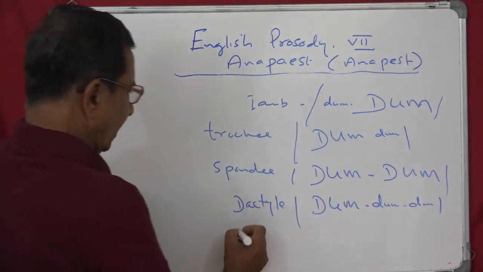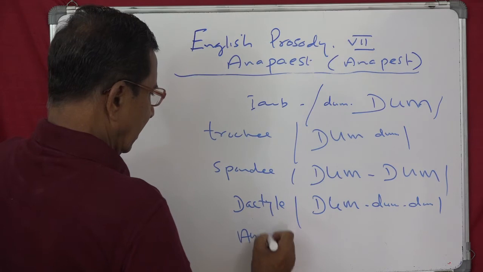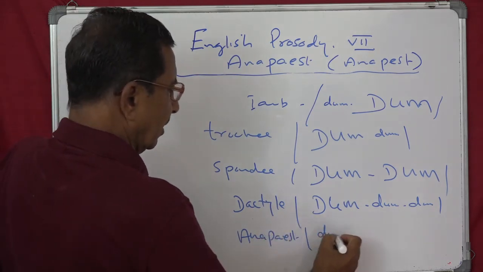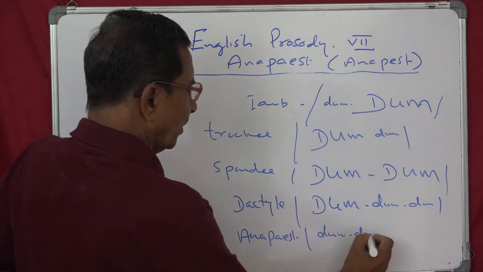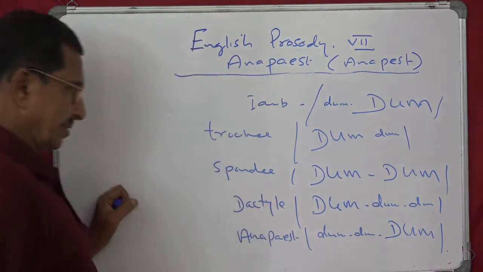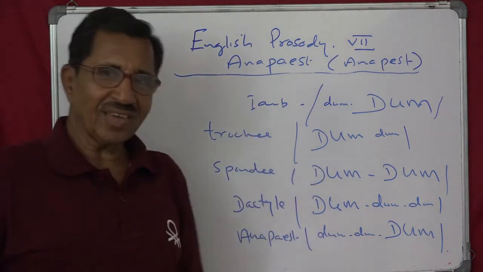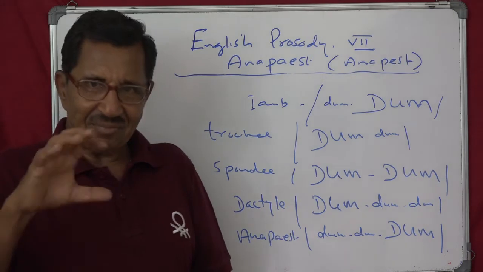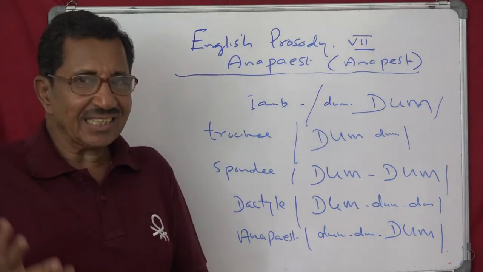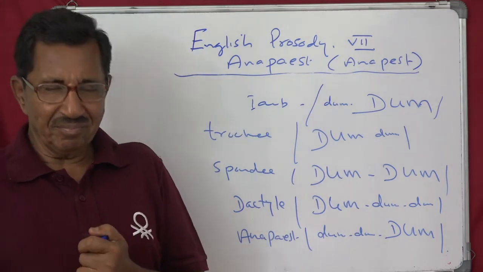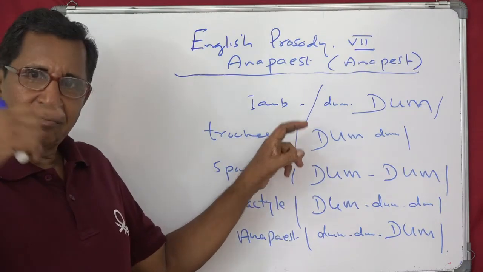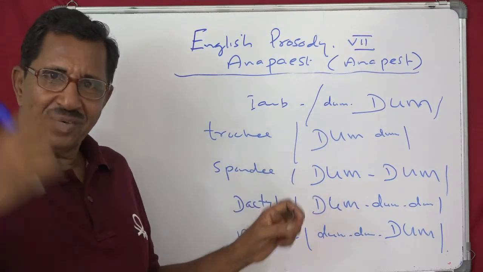And then you have got the anapaest. Anapaest is just the opposite. Dum, dum, dum. See this. So in this way you can see the rhythmic pattern. When I say stress and stress, it may be a bit difficult to conceive, but when you say like this, dum dum, dum dum, dum dum, dum dum.